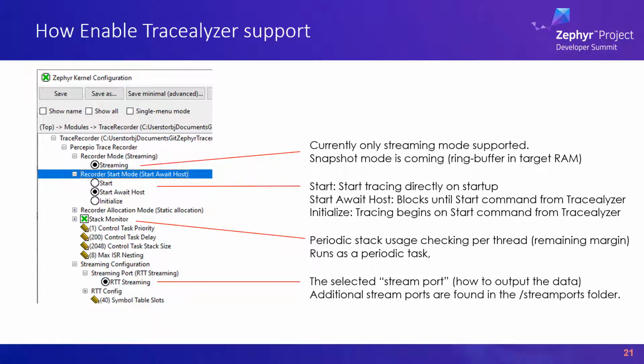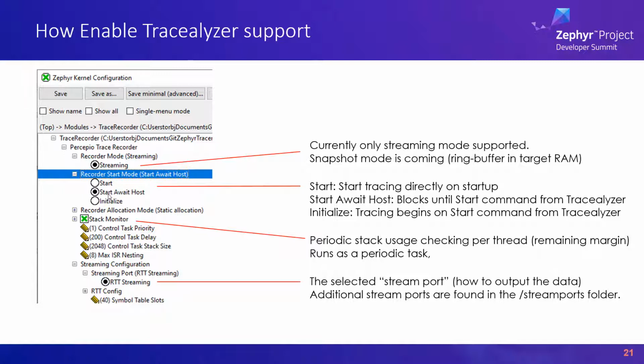For recorder start mode, you can select between start immediately or start await host. That means that the trace recorder will block the target until you push the start button in Tracealizer. That can be handy for capturing the trace from the very beginning of the startup.